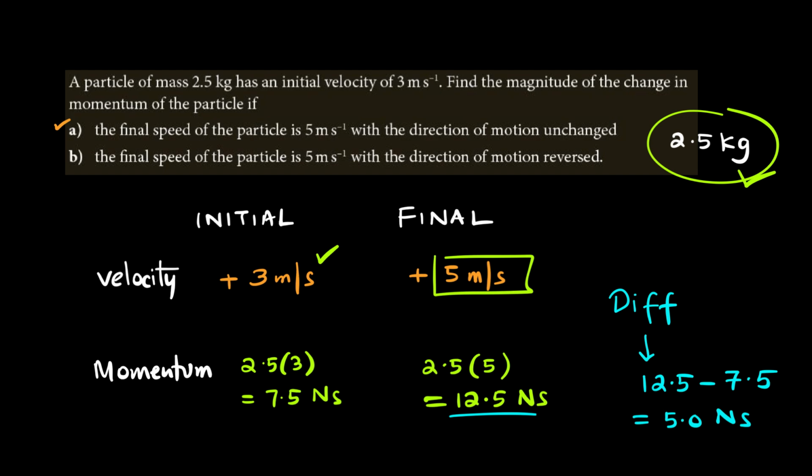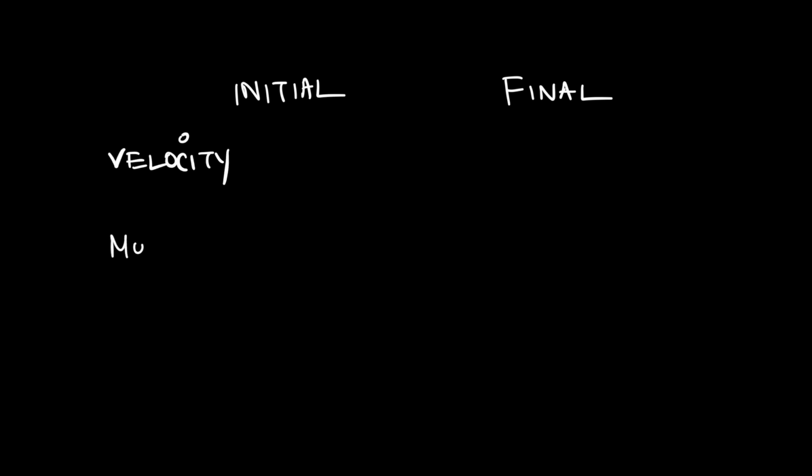Now, what about part B? The final speed of the particle is 5 meter per second with the direction of the motion reversed. So let me draw this table once again. We have initial, we have final, we have the velocity, and we have the momentum. So now the mass of the particle is 2.5 kg and the initial velocity is 3 meter per second.